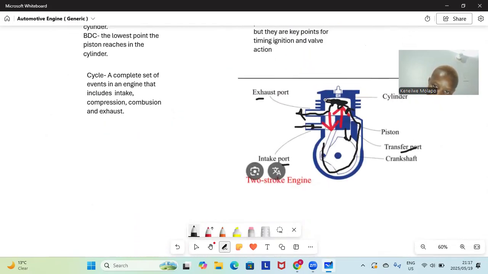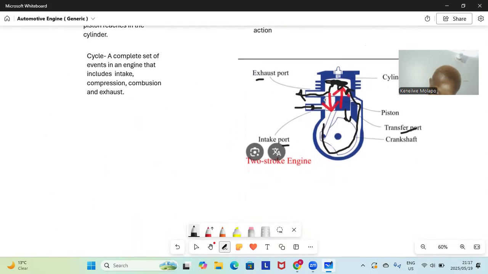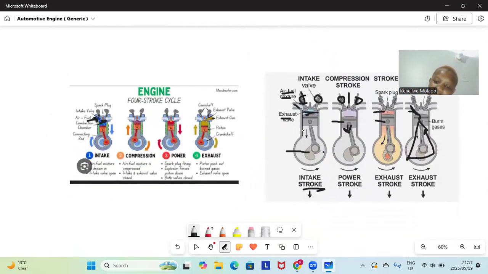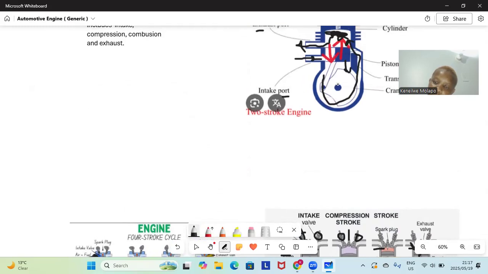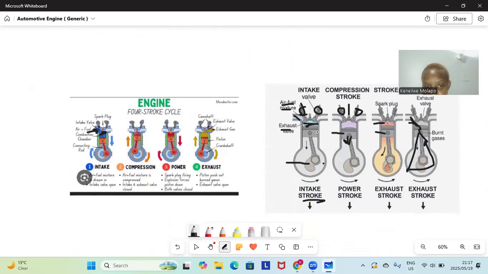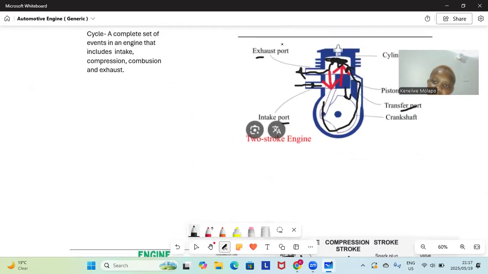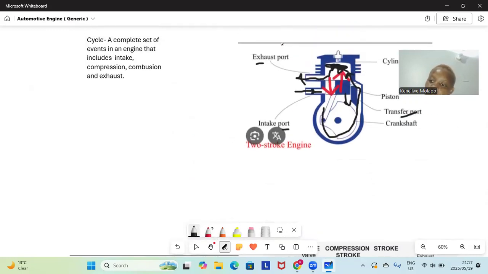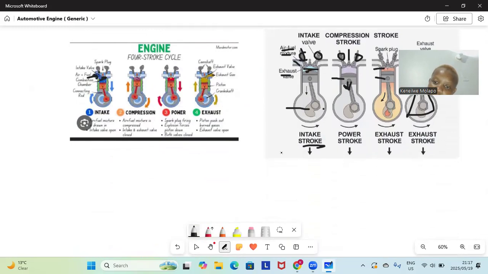The two-stroke engine has one revolution of the crankshaft per cycle, and the four-stroke engine has two revolutions of the crankshaft.